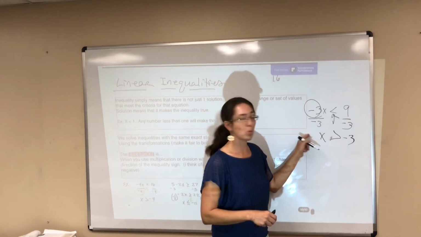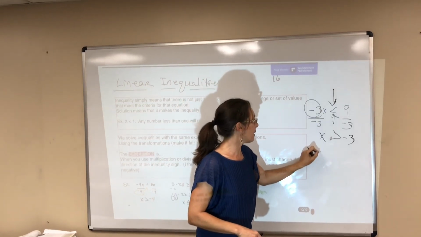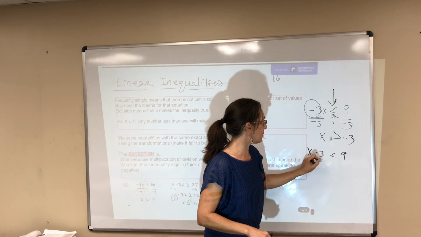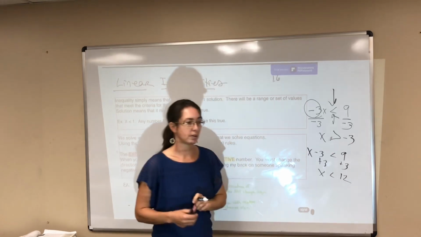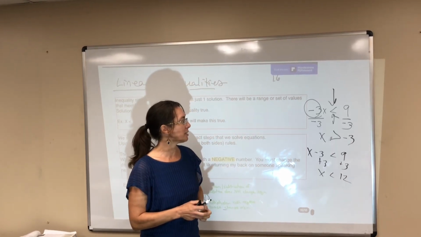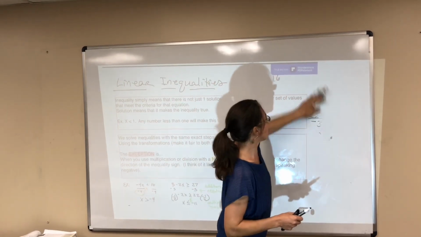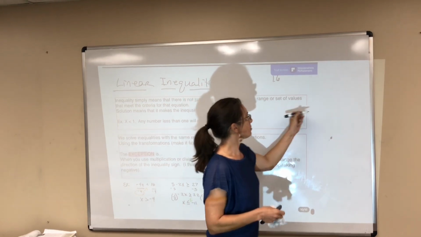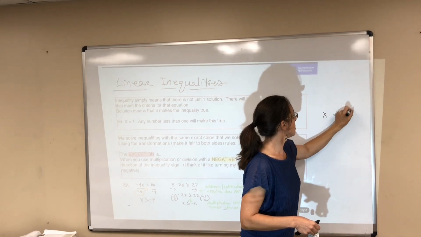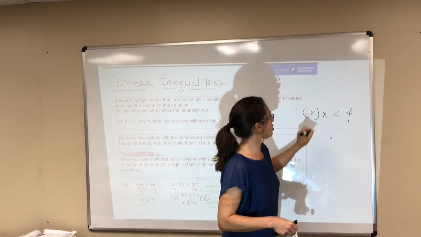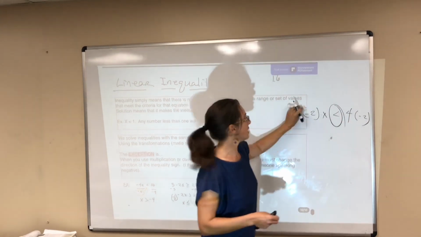So the numbers work exactly the same. It's just the direction of the sign. Now, if I have x minus 3 is less than 9 and I'm adding, it doesn't change anything. x is less than 12. Okay? But with multiplication and division, whenever you have that negative, or if I decide that I want to multiply something across, and I multiply times negative 2, I'm multiplying both sides times negative 2, we're going to switch that sign.